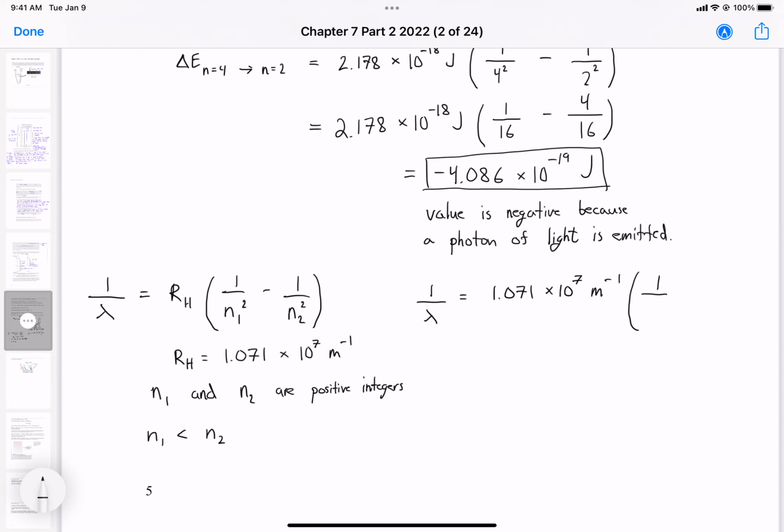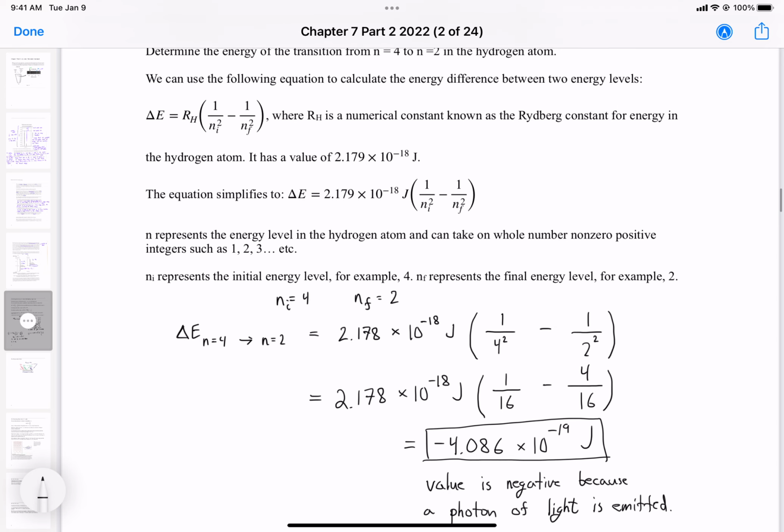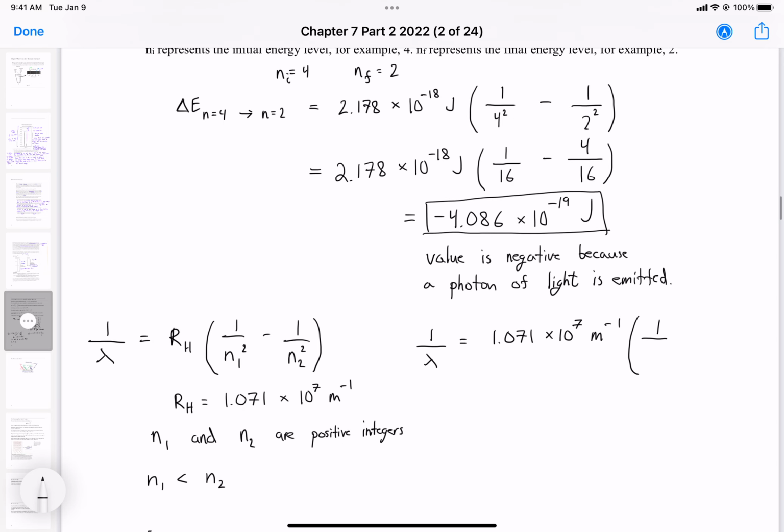Sorry about that. What we have to do now is that N1 is going to be our smaller number, in this case, 2. So it's going to be 1 over 2 squared minus 1 over 4 squared. Our value here is going to still be positive.